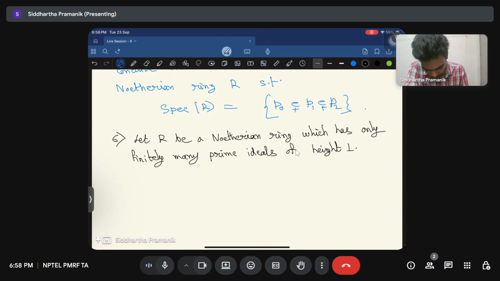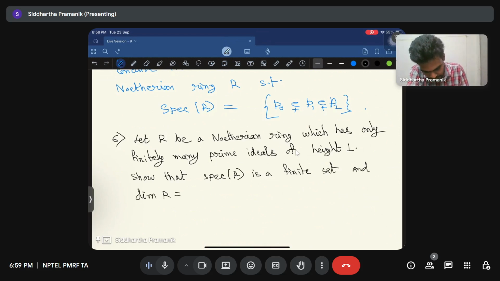Then show that its spectrum is finite. So Spec of R is a finite set and dimension of R is exactly equal to 1.